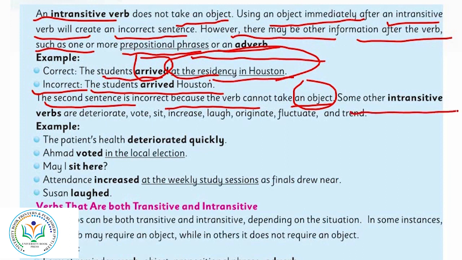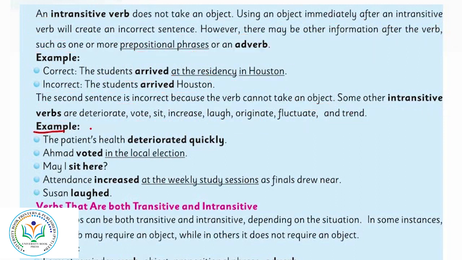Some other intransitive verbs are deteriorate, vote, sit, increase, laugh, originate, fluctuate and trend. The examples are, the patients have deteriorated quickly. Quickly आपका क्या हो गया? Adverb of manner हो गया कि patient की health deteriorated कैसे हुई? Quickly हुई.